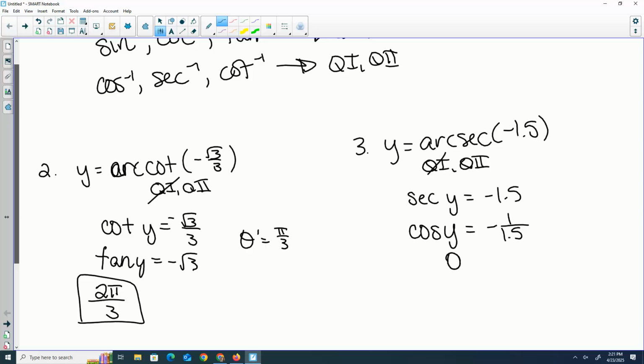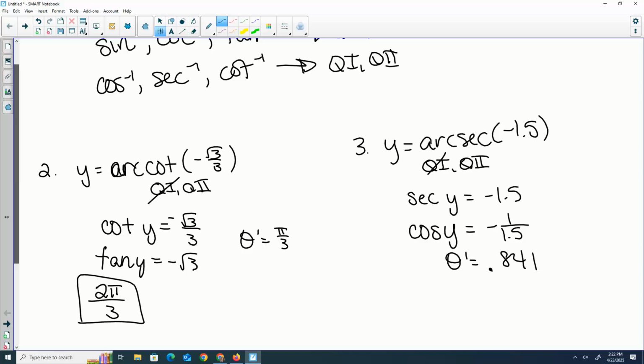What we did is use our calculator to get our reference angle. Make sure you are in radian mode. We did not put in the negative because we didn't want to have quadrant issues, so we just did cosine inverse of 1 over 1.5. We get 0.841.